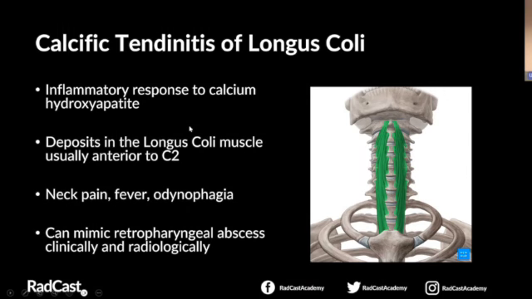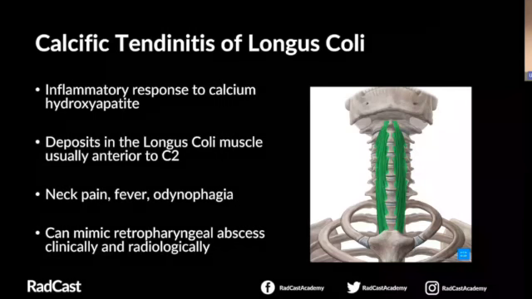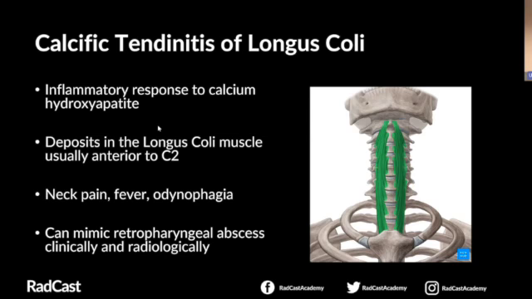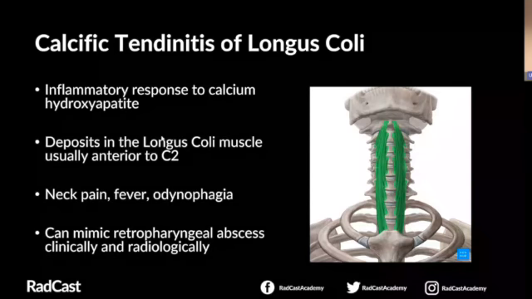A condition that is useful to be aware of, which can mimic retropharyngeal abscess, is calcific tendinitis of the longus colli. This is an inflammatory condition caused by an inflammatory response to calcium hydroxyapatite deposition, which forms in the longus colli muscle and is typically found just anterior to C2 or near the C1-C2 articulation.